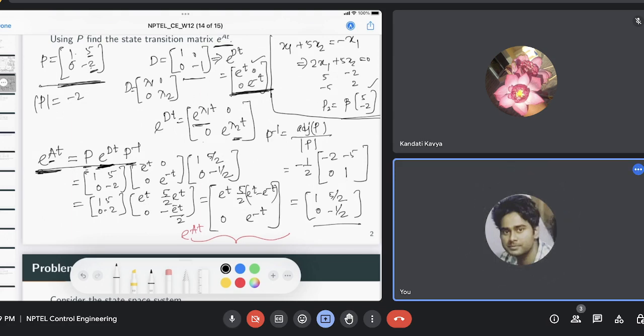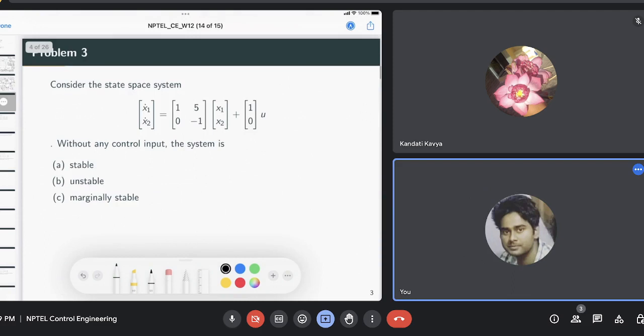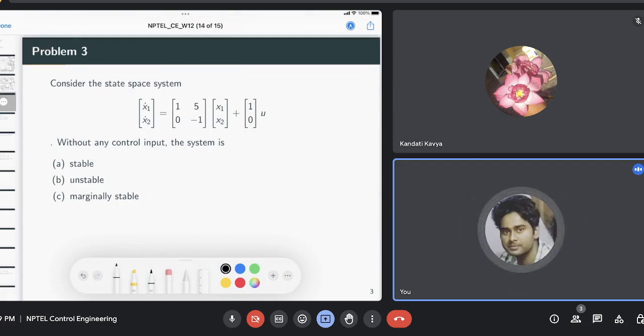Then we come to whether the system is stable or not. Without any control, that means you put u equal to 0, your original system was x dot equals Ax plus Bu.